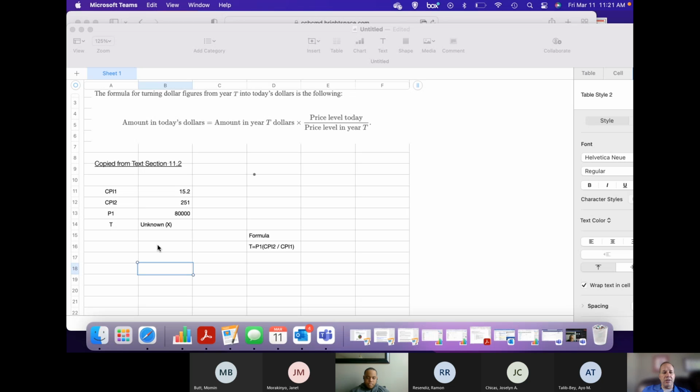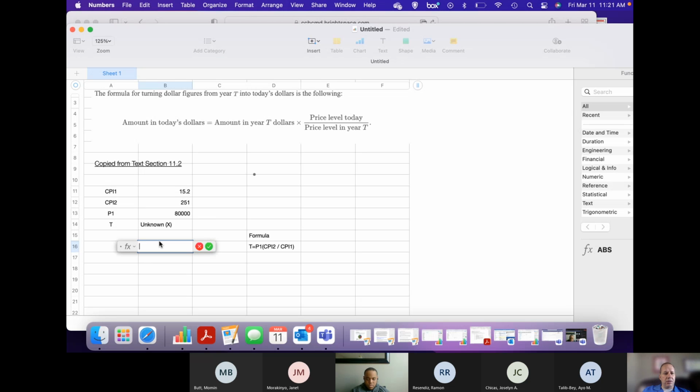So I'll work, let's say, right here in this cell. So I can hit equals. And there we go. So I have the principal, that's that, times the CPI2 divided by CPI1.